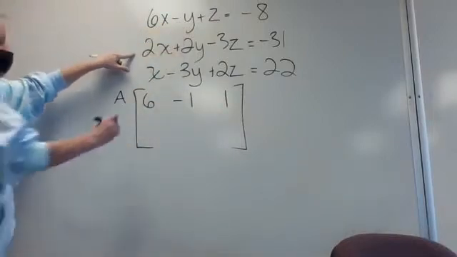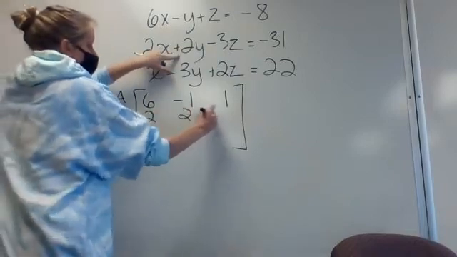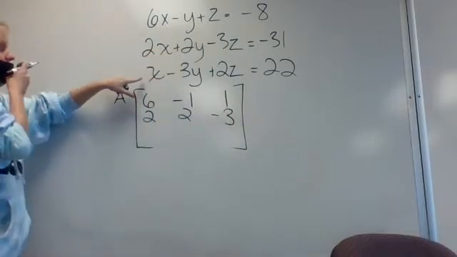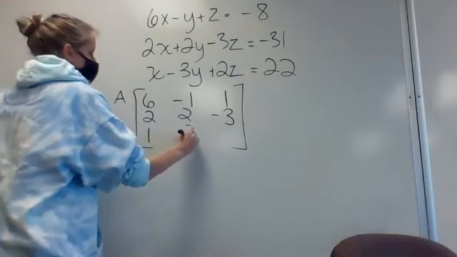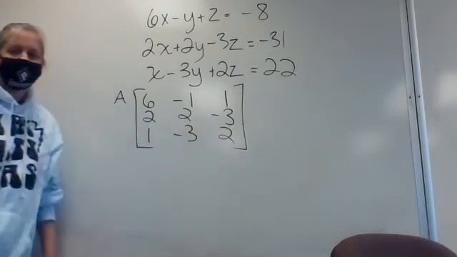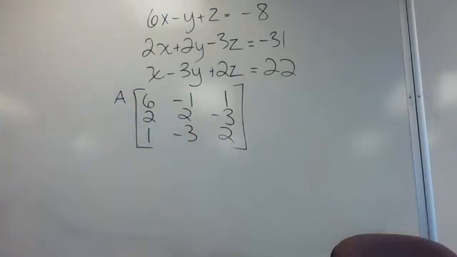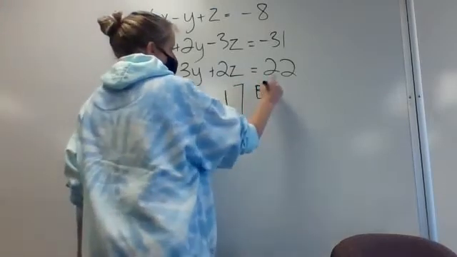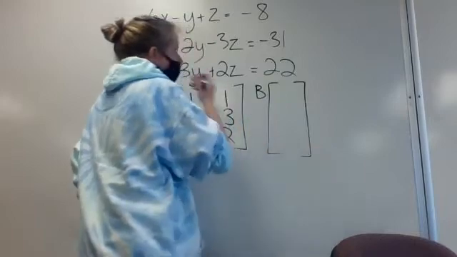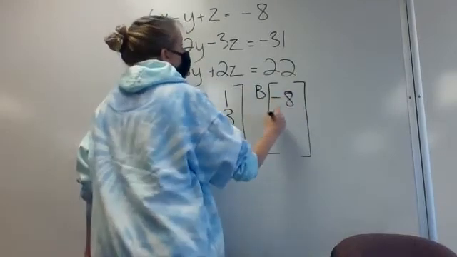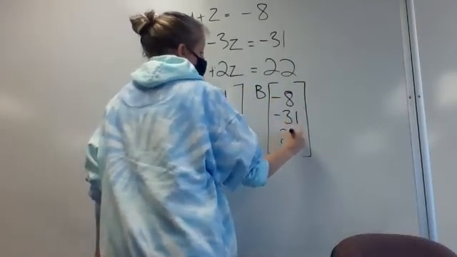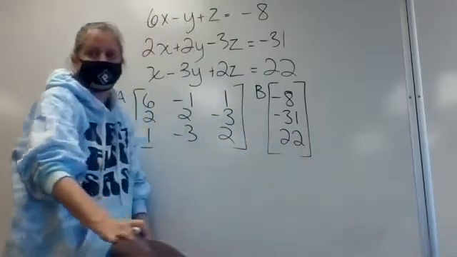My second row, 2, 2, negative 3. And my third row is 1, negative 3, 2. Then I'll create a matrix B with the right side: negative 8, negative 31, and positive 22.